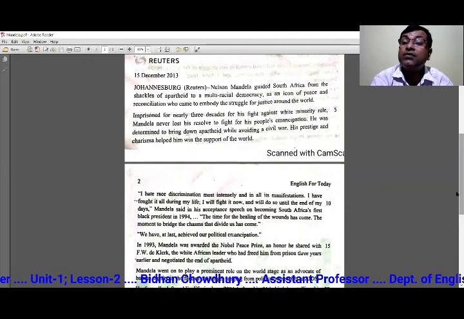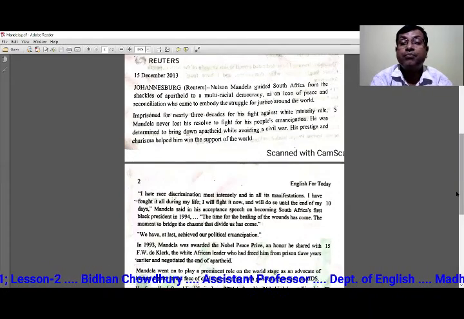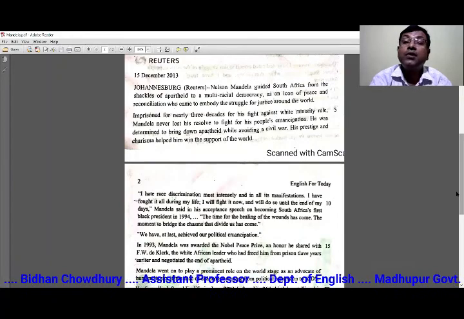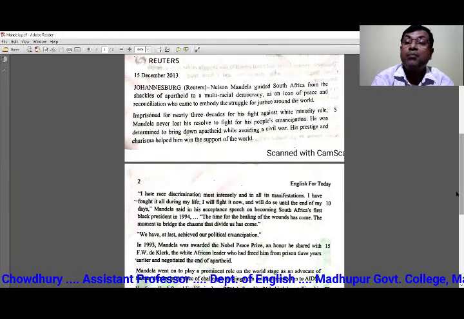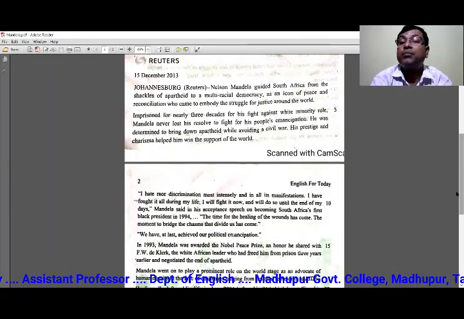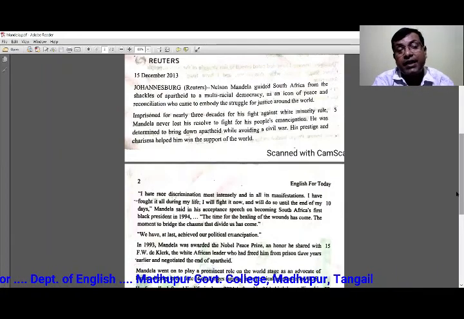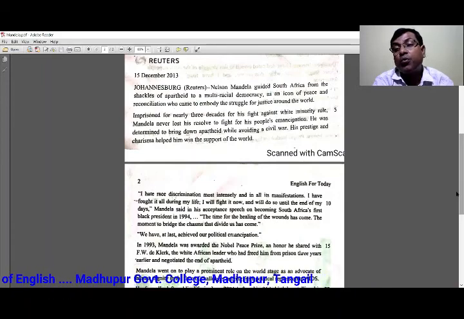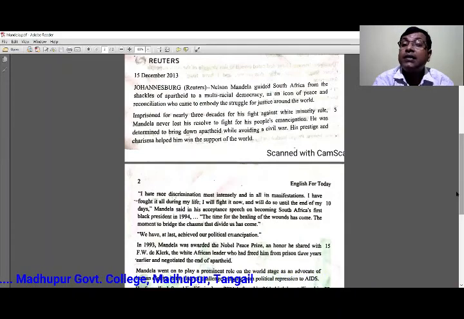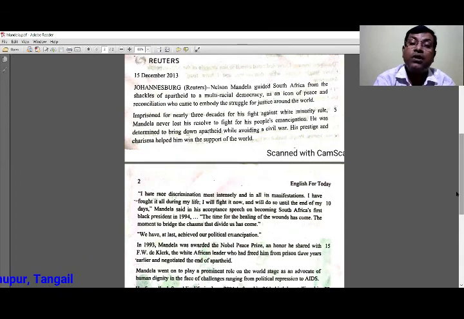So he was a very considerate fighter, and he was very cautious about all these situations of South African society while he was fighting against apartheid. His prestige and charisma helped him win the support of the world, and he had a great personality. He had a powerful personality which impressed the entire world, and for that, he gained the support of the people all across the globe.